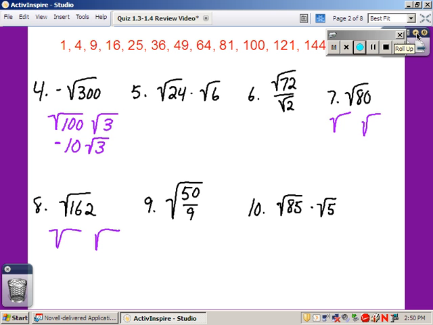Okay, I look at the square root of 80, and I'm thinking the same idea. Which one of these numbers up here divides evenly into 80? I think that number is going to be 16, and it's 16 times 5. So I can do the square root of 16, that's 4, and the square root of 5 is left over.